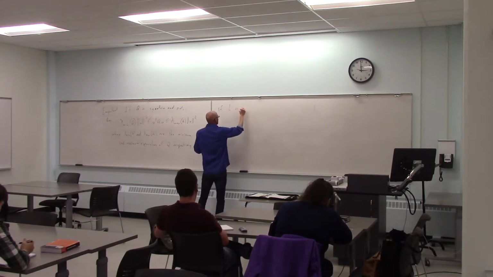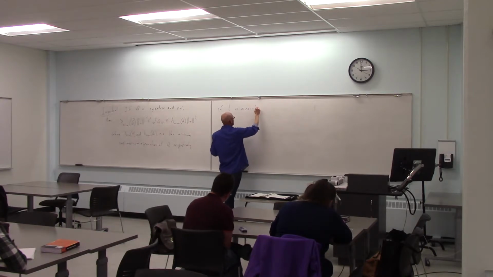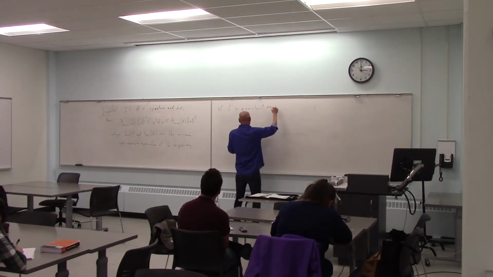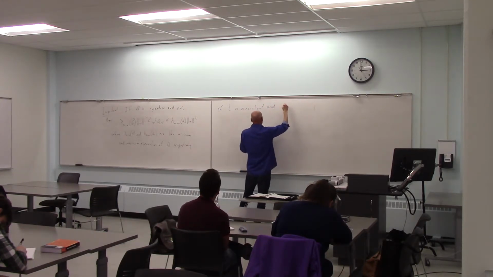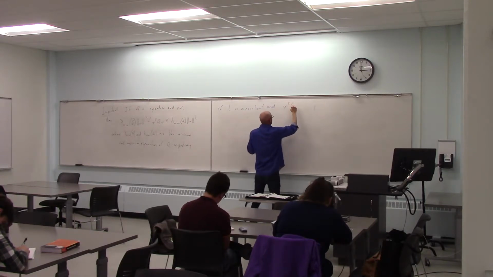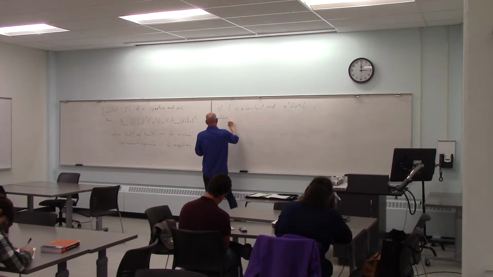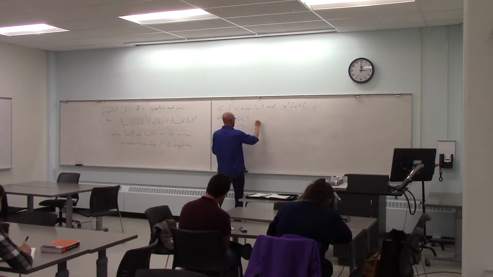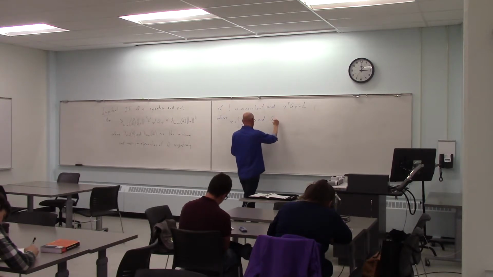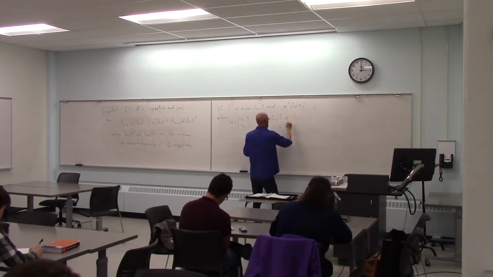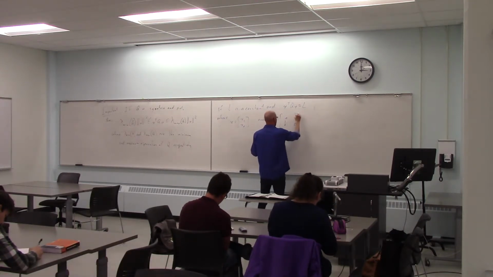So L is a constant, and x transpose Q x equals L, where x is just a 2x1 vector, and Q is a symmetric 2x2 matrix.